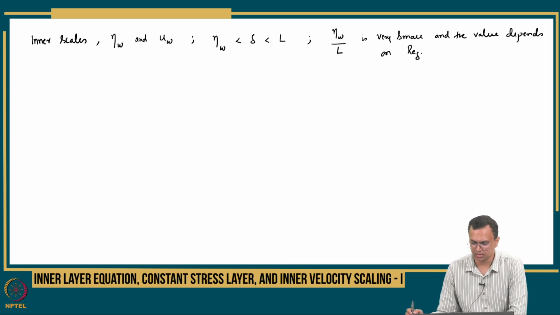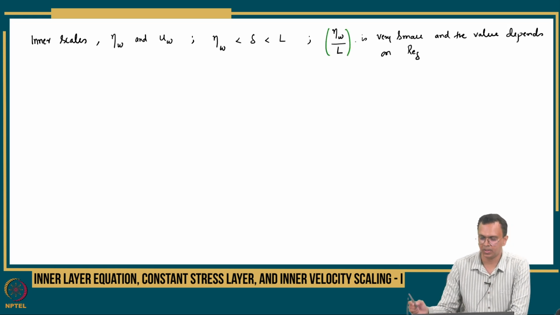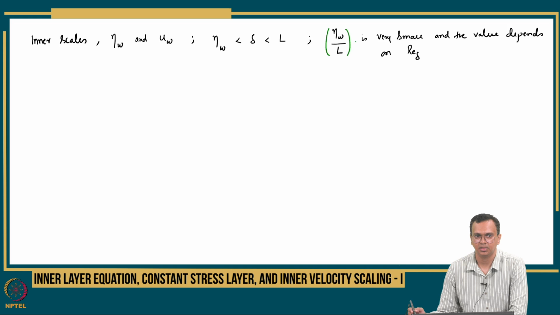So L and eta w are all functions of x, and as you move along the x direction Re delta is changing, your boundary layer thickness is changing, and therefore the ratio depends primarily on the Reynolds number that you are working with, okay? So with this eta w by L being small, some of the terms in the u momentum equation were of second order importance.